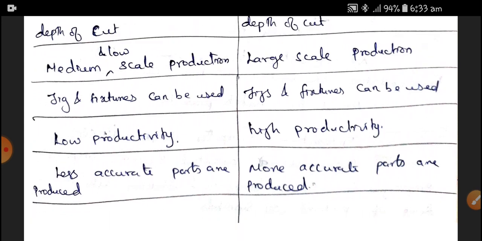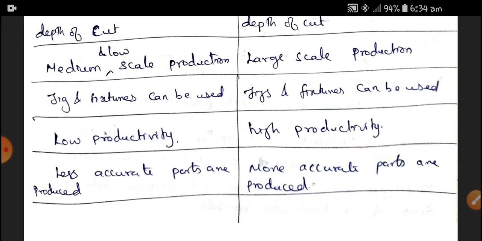Compared to CNC, NC produces less accurate parts. When we compare it to conventional, the NC machine tool can produce more accurate parts, whereas in CNC, the most accurate parts can be produced. Like that, CNC, NC and conventional is the decremental order of accurate parts.